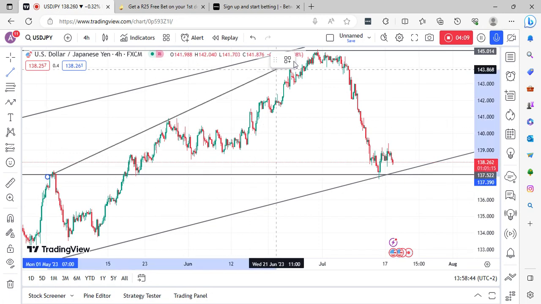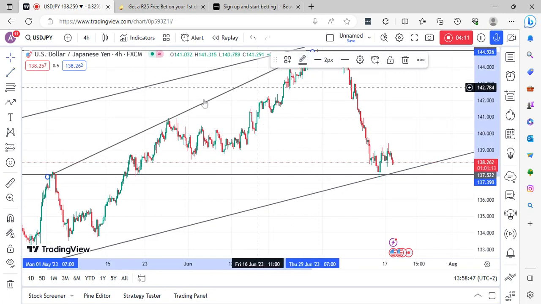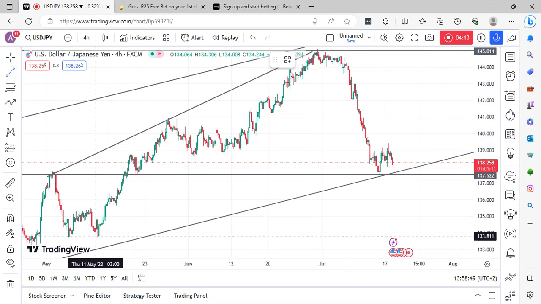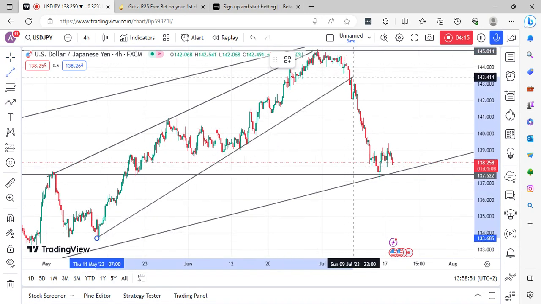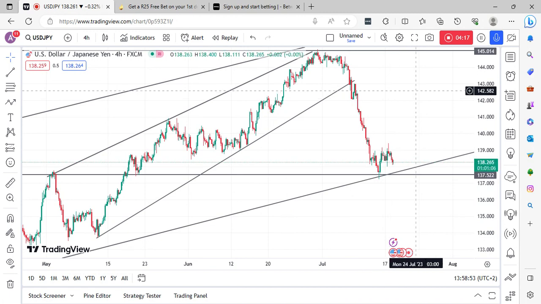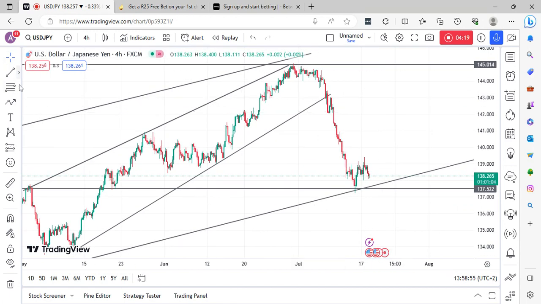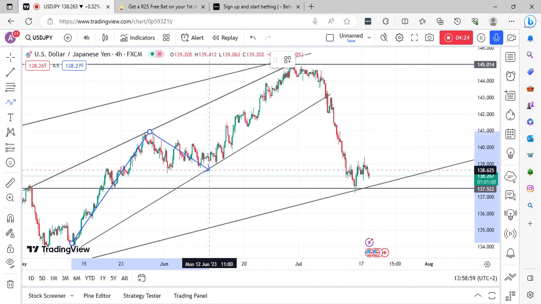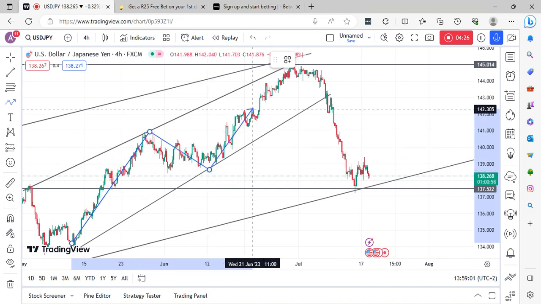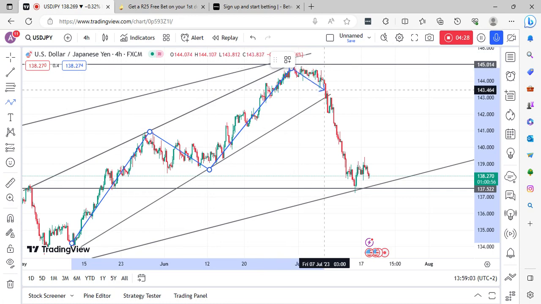Even on your 4 hour, you can see that the market has broken a trend, an upward movement on lower time frames. You can see here that the market was creating highs and lows, highs and lows. Eventually, the market broke below this trend line.